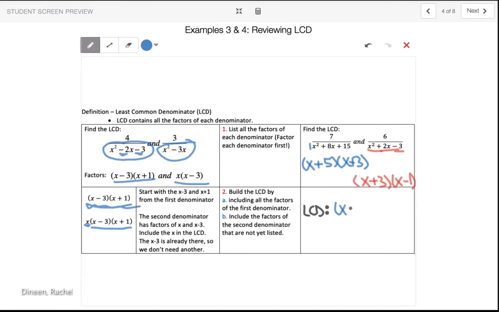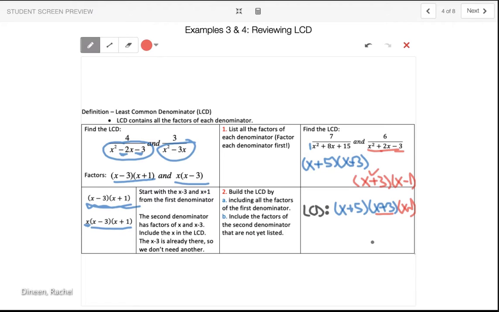So I have x plus 5 and I have x plus 3. Then I look at my second denominator. x plus 3 is already listed, so I don't have to list it again. x minus 1 is not listed, so I have to include the x minus 1. And so that is my LCD.